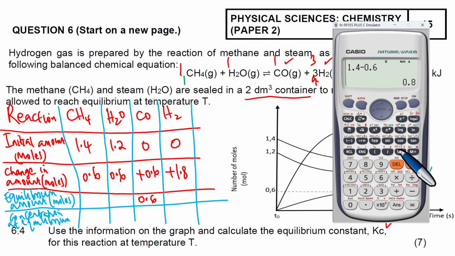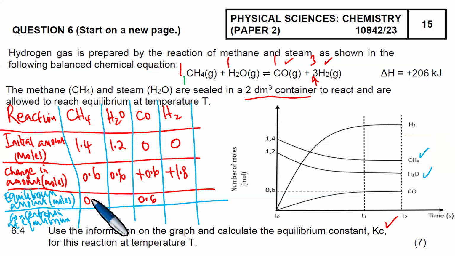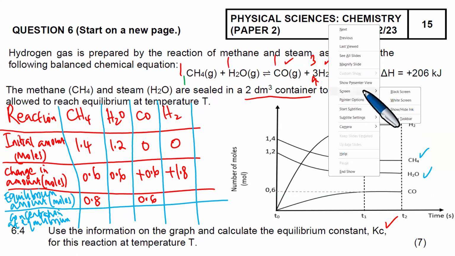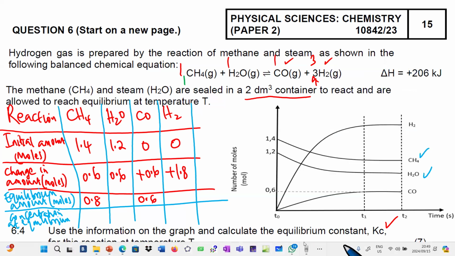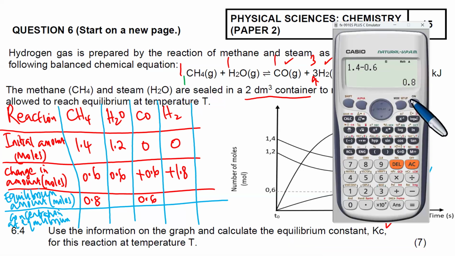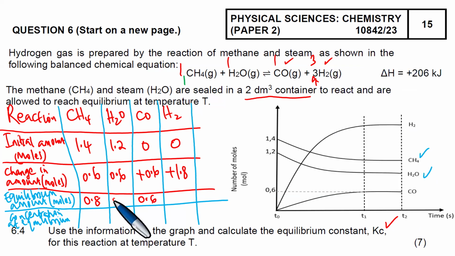Which is 0.8. So here we're going to have exactly 0.8. And then here you're going to have 1.2 minus 0.6, which is 0.6.